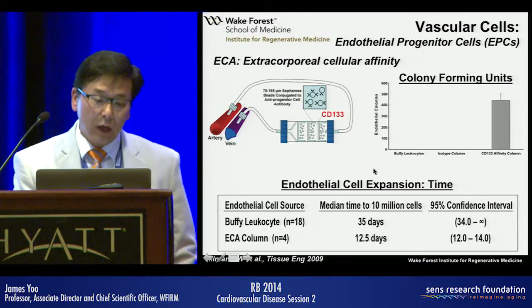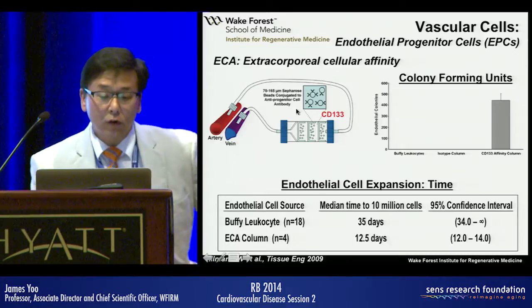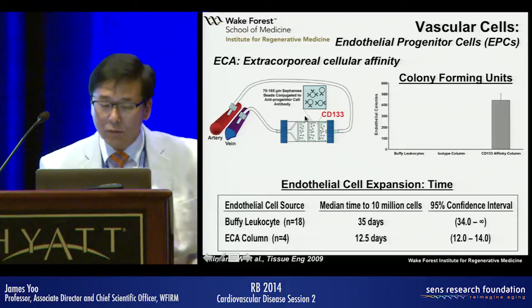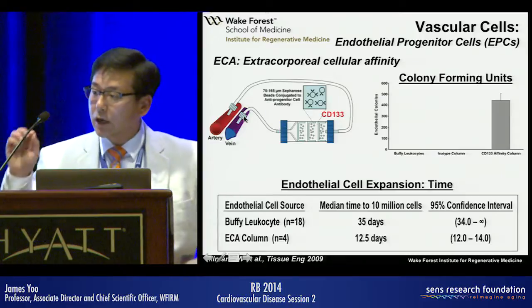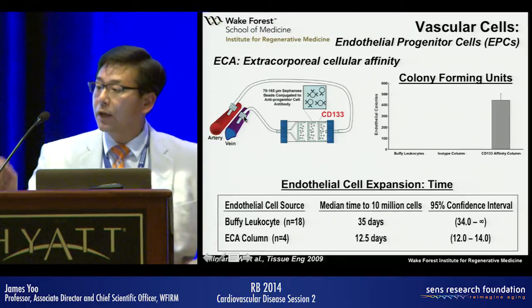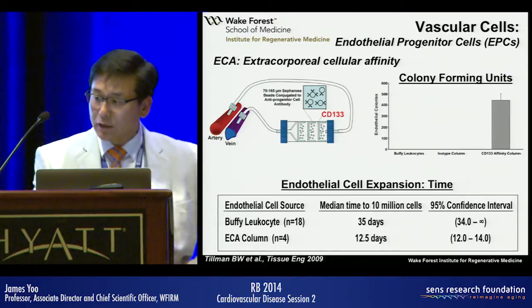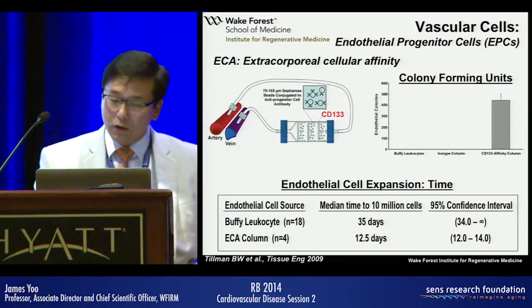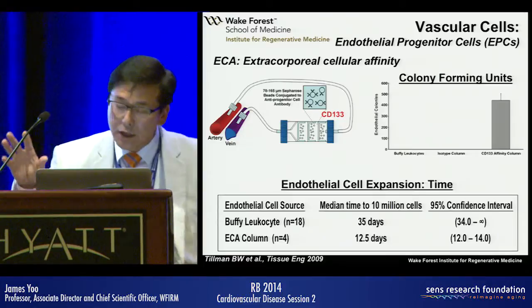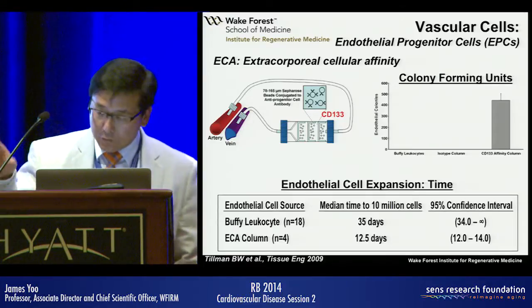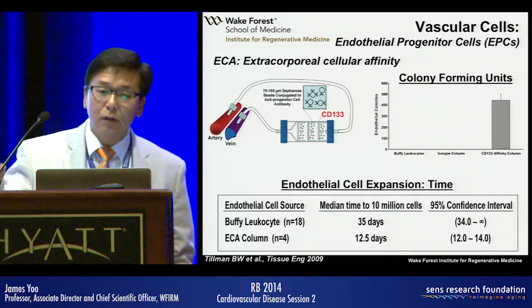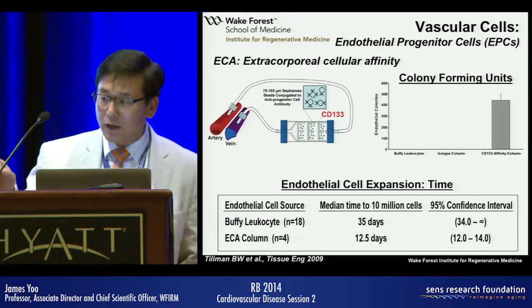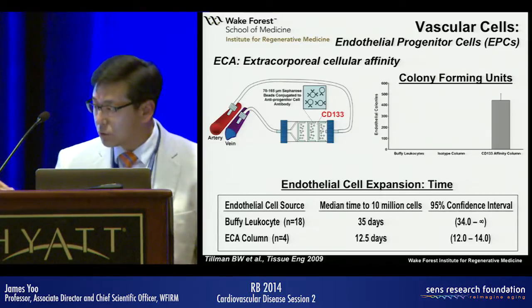So we developed an extracorporeal cellular affinity column. Basically, it gets hooked into an artery, and the other side gets hooked into the vein so that the blood flows through the column. In the column, there are beads that are conjugated with antibodies specific to endothelial progenitor cells.